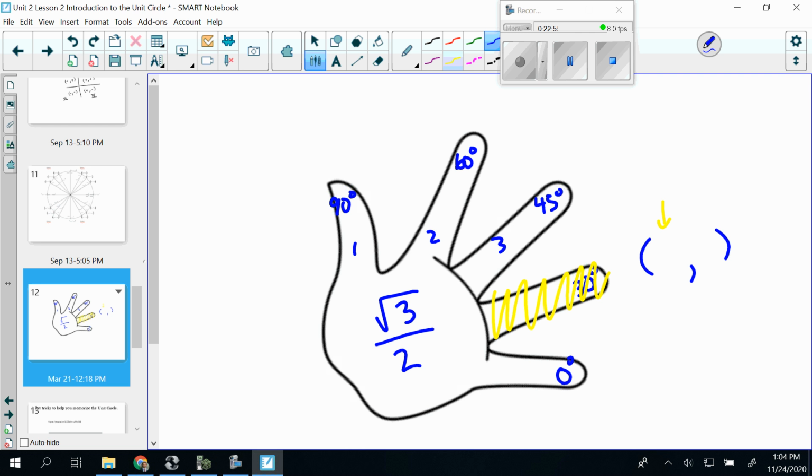That's the number I would put in here, and so this would be square root of 3 over 2. The number of fingers to the right would be 1. So since there's 1 finger to the right, that's the number I would put in here for the second ordered pair. Square root of 1 is 1. 1 over 2 would be 1/2. And so that gives you the ordered pair.